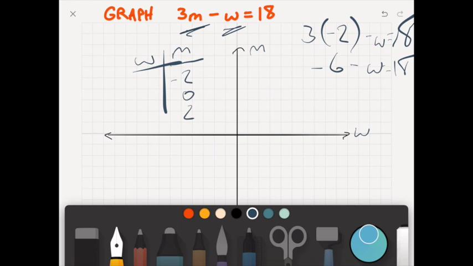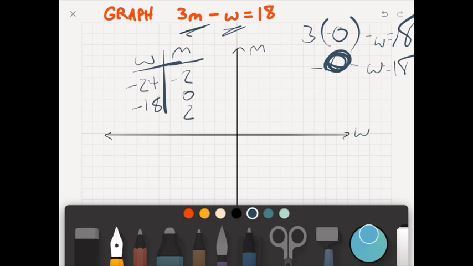Yeah, -24. 0, same deal. I'll just replace it. And we could go through the process of actually solving these if we needed to, and I'm just trying to speed this up. 3 times 0 is 0, so 0 minus w is 18. And that's going to be -18 for w.